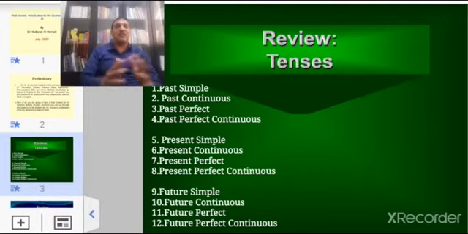And indicating words are like yesterday, last week, last month, last year, ago, and so on. And here we are going to know what is there in the past continuous, because it is a quick review over the entire syllabus of the first semester.